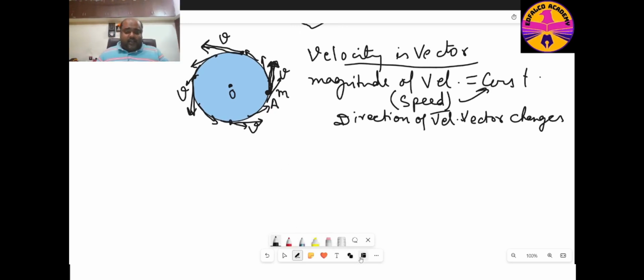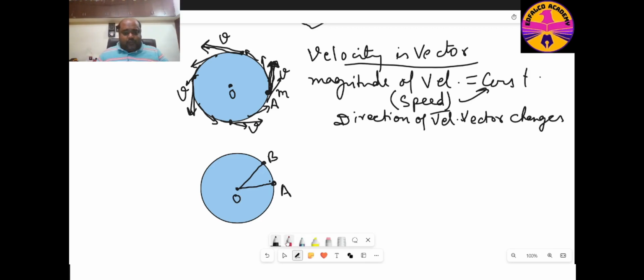To understand that, let's say we have this circle in which the motion is happening, and let's say this is the center, this is the radius. The body was earlier here at point A, the center is O, and then let's say it has moved to another point B, right? So it has moved from point A to point B on this circle.